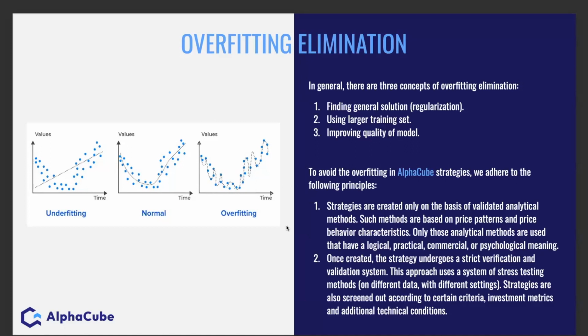That's why you also need to understand the quality of your model. What we actually do is different stress testing. We analyze how our strategies operate in different market conditions, up movements and down movements. We perform Monte Carlo stress testing, changing the settings of the strategies to understand whether it is stable or not.